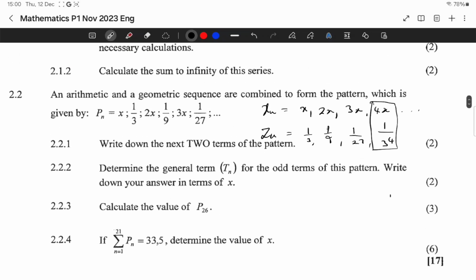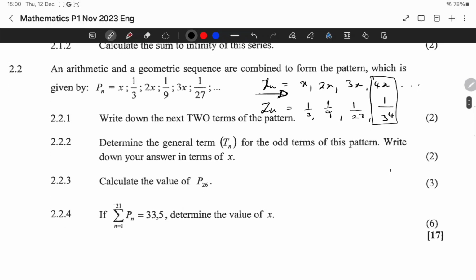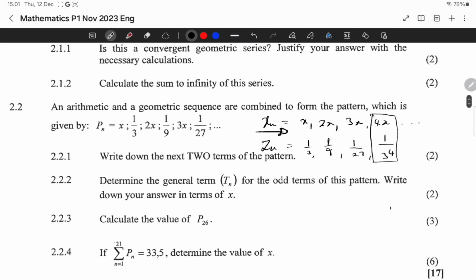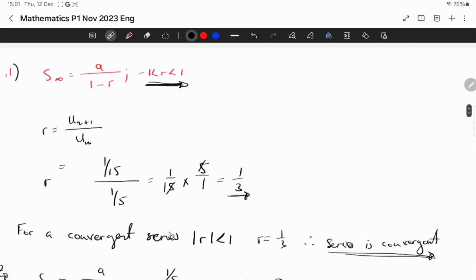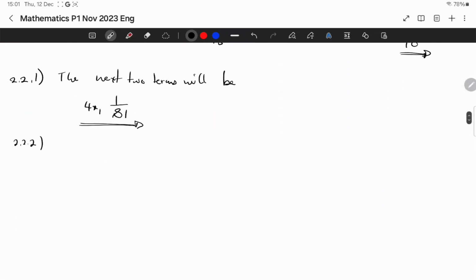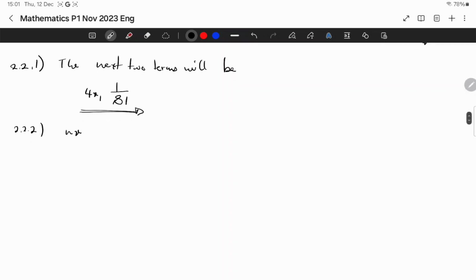As I've previously stated, we have this arithmetic sequence, and you can see that the general term is just in x, because in position 1 we have 1 times x, position 2 you have 2 times x, position 3, 3 times x, and so on. So the general term for this is just nx. That's all.